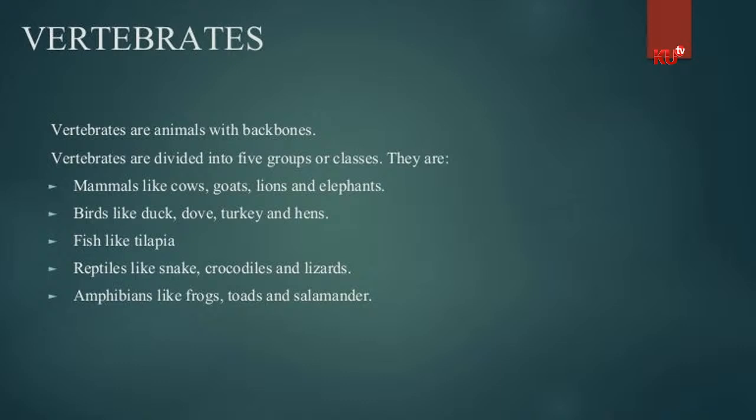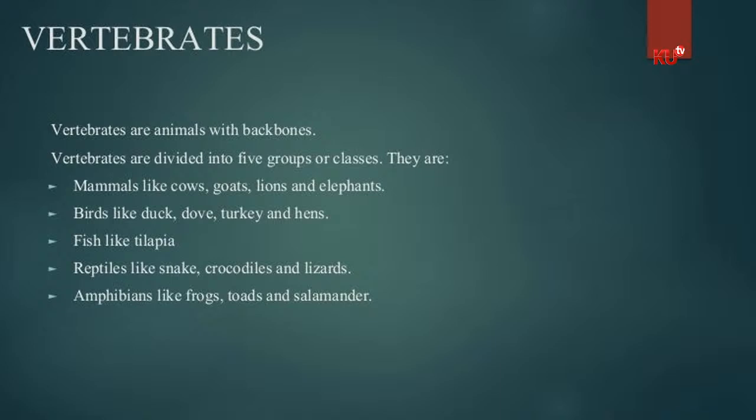And again, in grade 5, we learned that vertebrates are divided into 5 groups. We can say 5 groups, we can say 5 classes, or 5 categories. That is the grouping or classification of vertebrates.